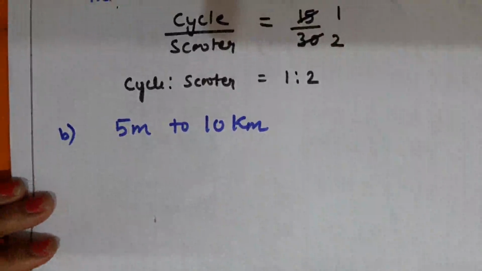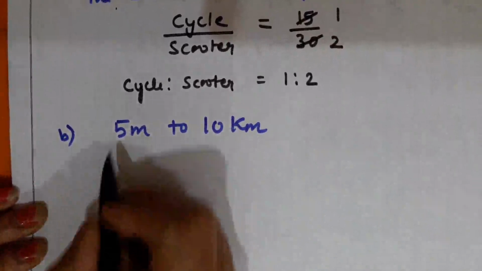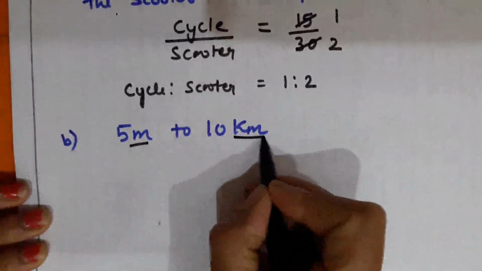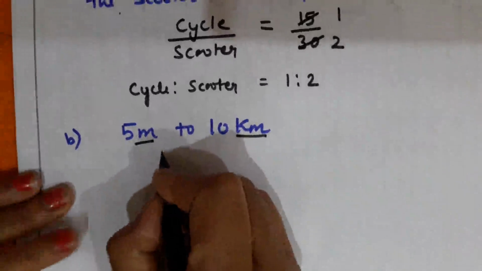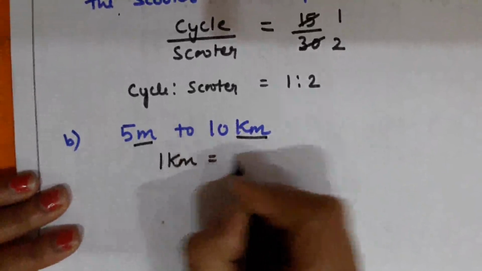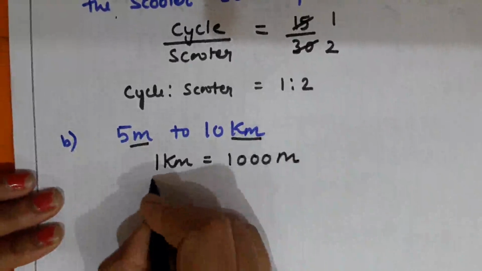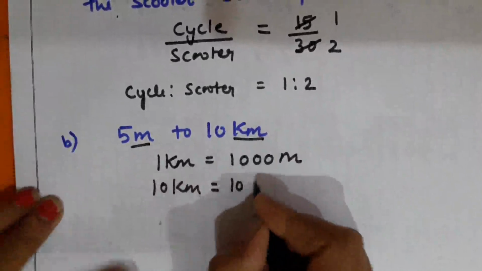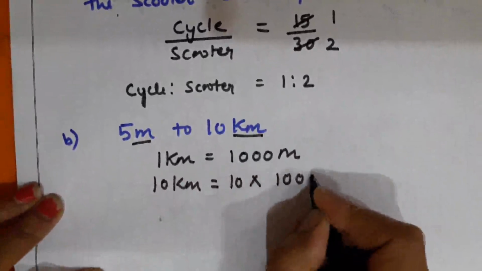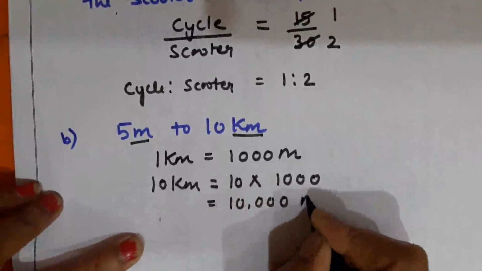In the next part we have 5 meter to 10 kilometer. Here it is in meter, here it is in kilometer. We have to make the unit the same. In 1 kilometer we have 1000 meter. So 10 kilometer we are going to convert into meter. 10 into 1000, you will get 10,000 meter.